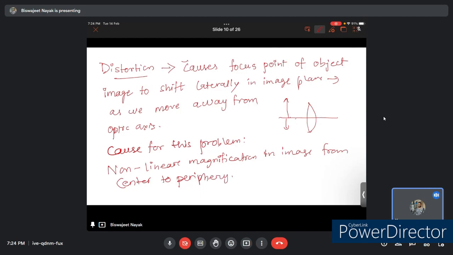As we know, there are two types of distortion.